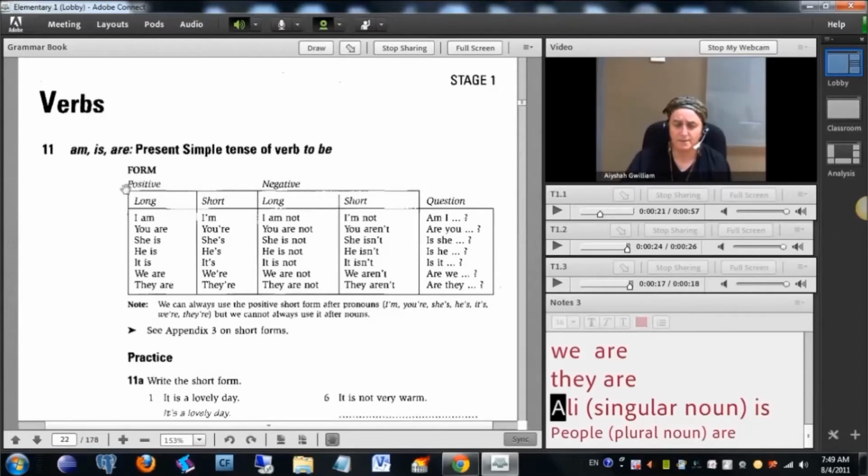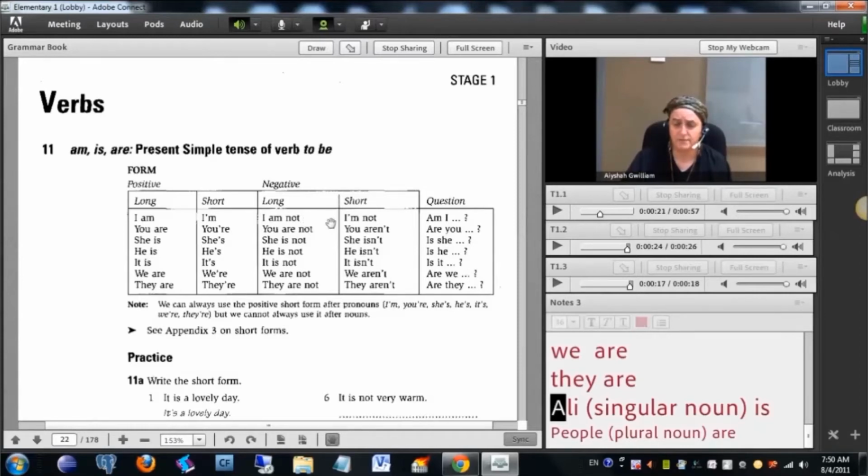These are positive. That means, yes, it is true. I am from Sudan. You are from Khartoum. Okay, this is positive. Now, if we have the negative, it is the opposite. The opposite means no, that's not true. Okay, the long form is I am not from Australia.